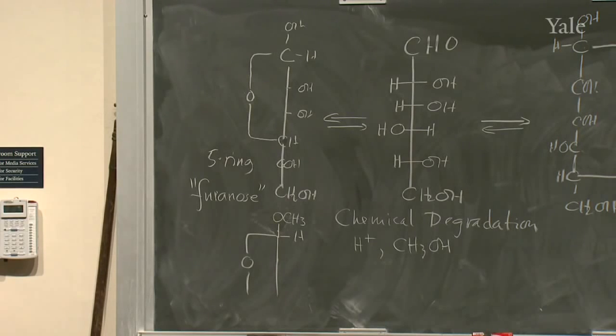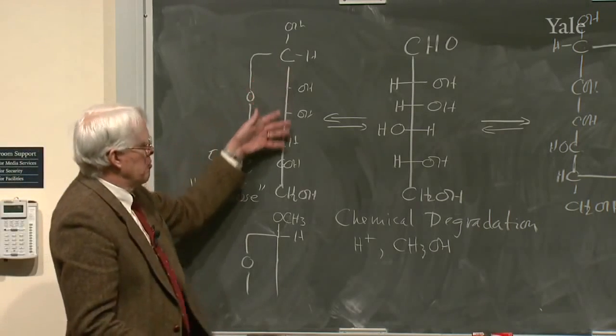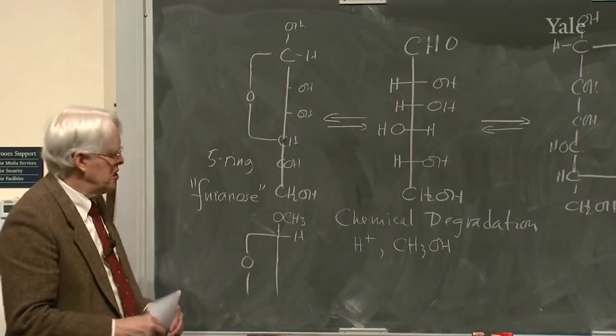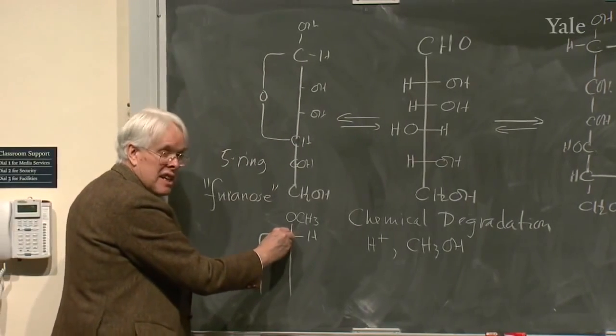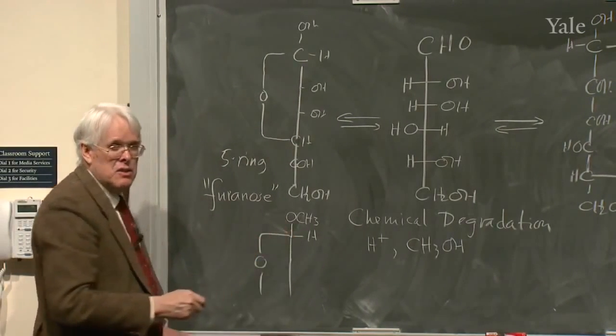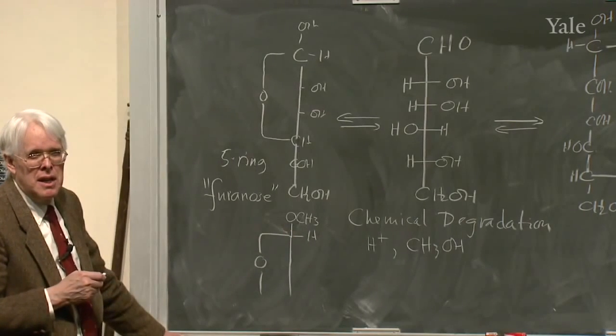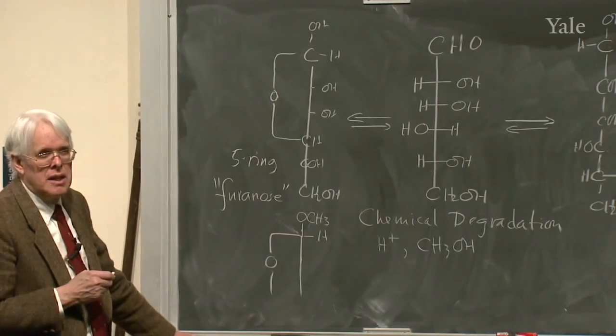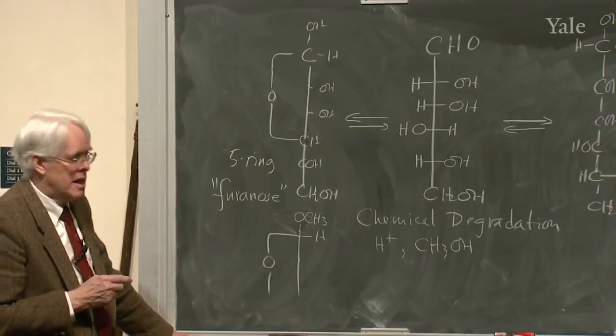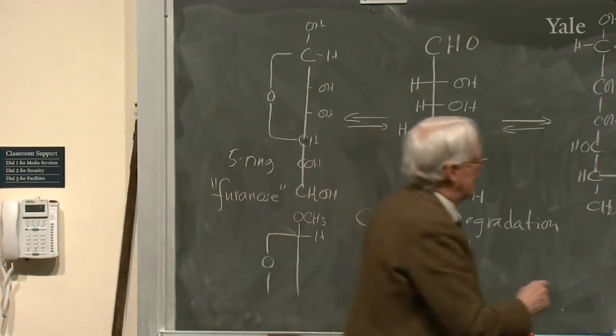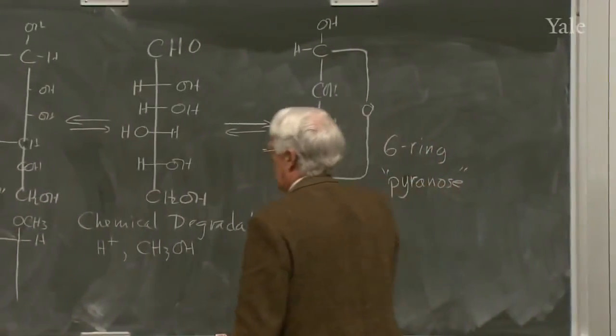Why did it do it there and not at all these other places? What was specially good about this cation that the others didn't have? Chris? Let me draw the cation here.